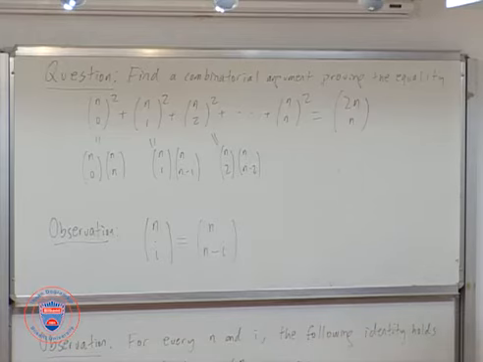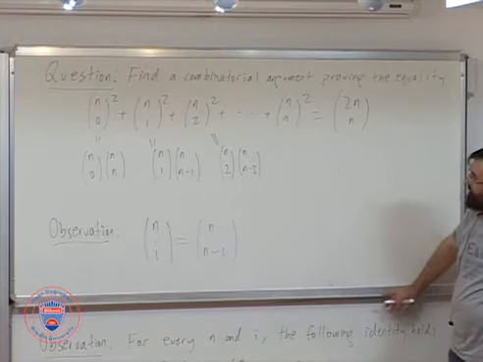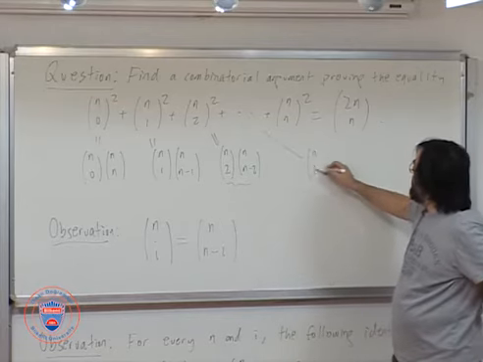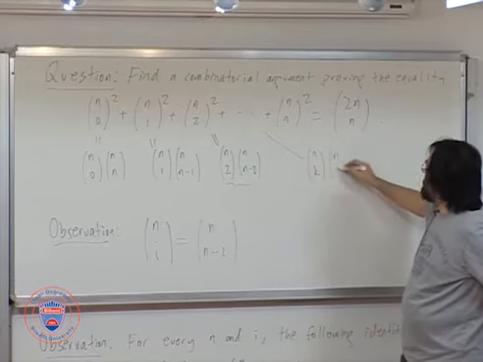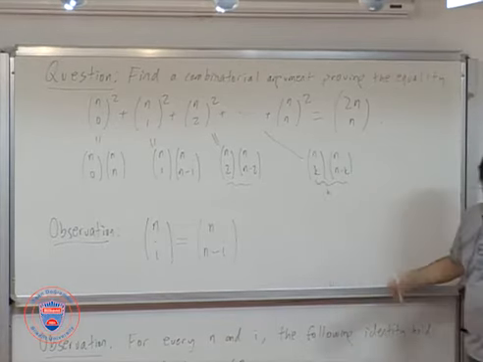What does that mean? n choose k times n choose n minus k. The sum of the bottom numbers is always n. In a typical one, you have n choose k, n choose n minus k, so totally you're choosing k people.